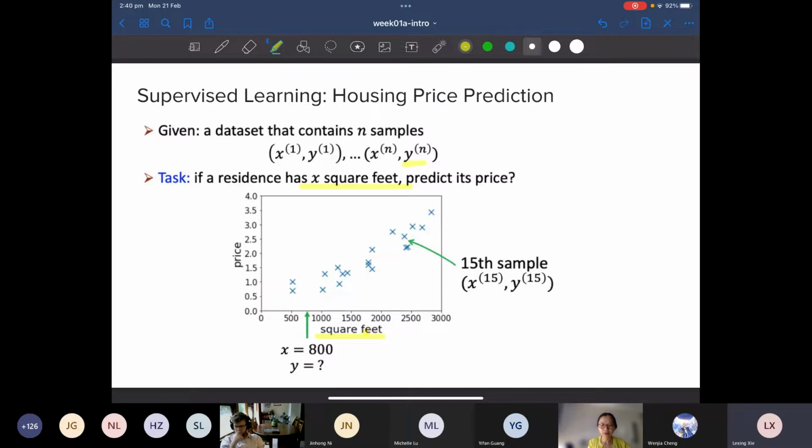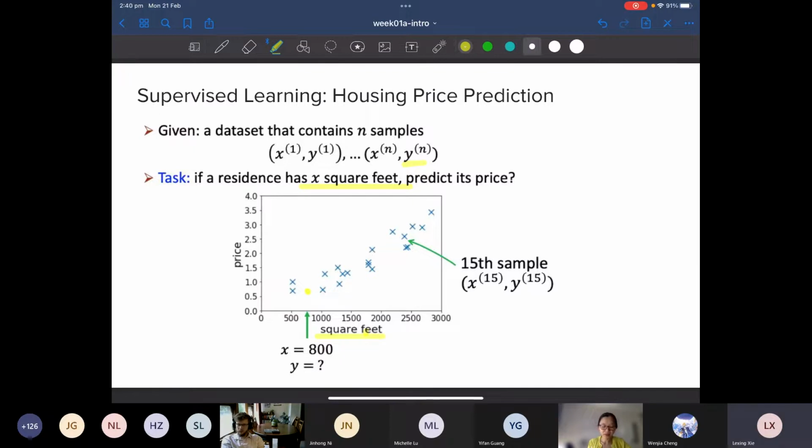If we graph them on a 2D plot, we might see something like this: they lie somehow on a slanted, straight-line-ish shape, right? From these data points, given a new data point, say we haven't seen houses that are exactly 800 square feet, what would the price be?